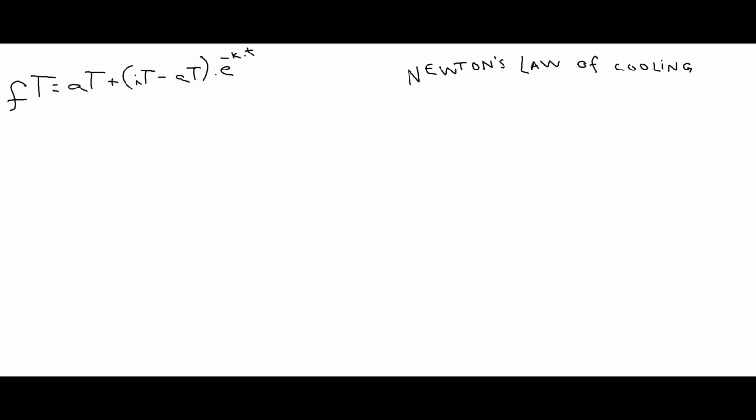We're going to isolate the constant value, the k. And so what is the final temperature, the ambient temperature, the initial temperature? Let's talk about the coffee. We are going to make a coffee.